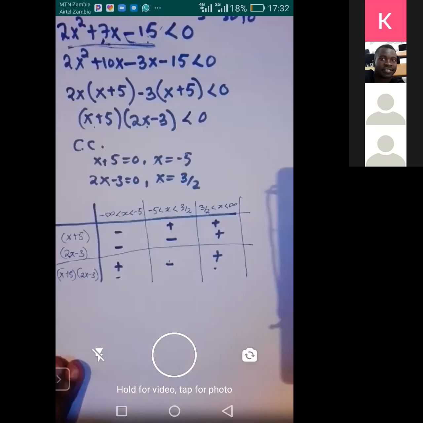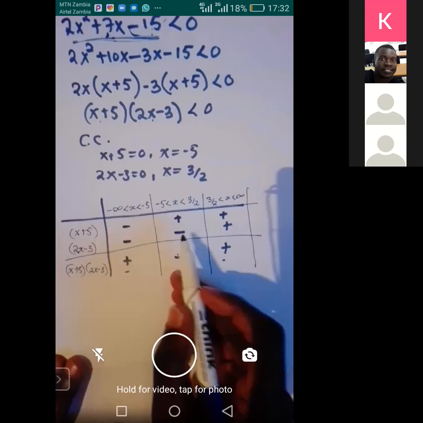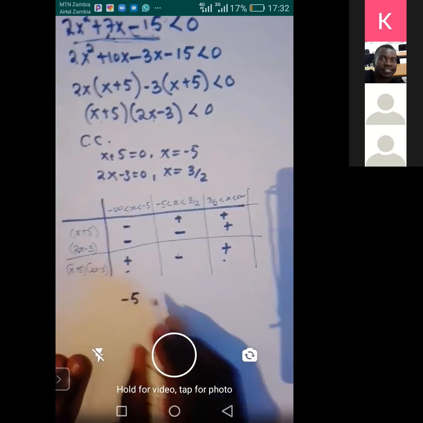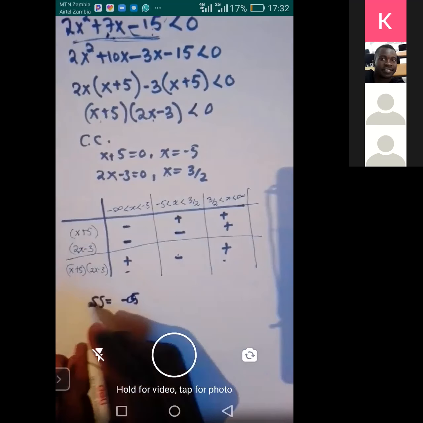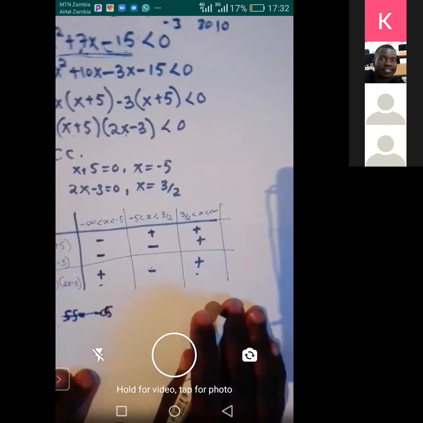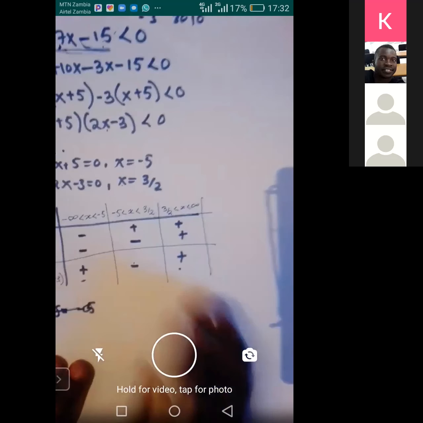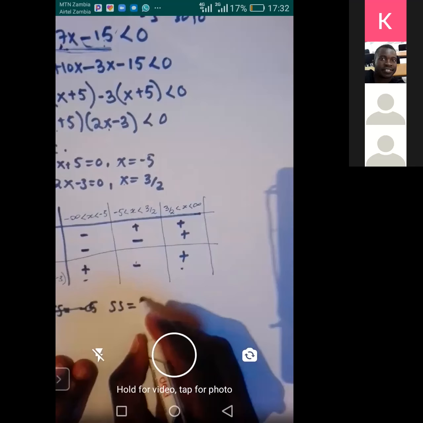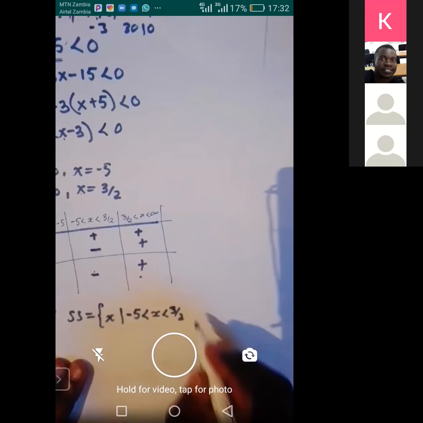So in this case, the solution set critically lies between -5 and 3/2. Let me write it here. So the solution set for this one will be x such that x is between -5 and 3/2, where x is a real number.